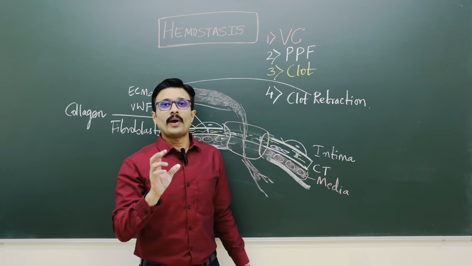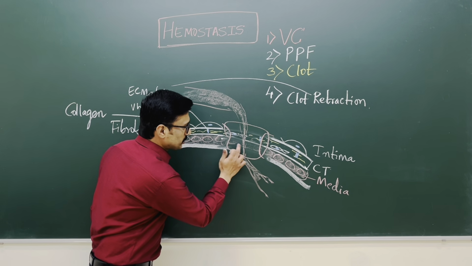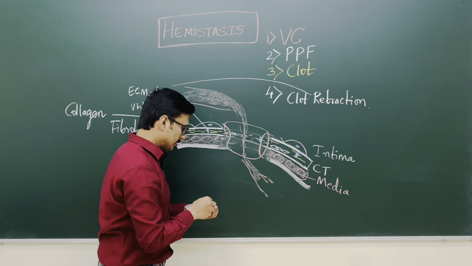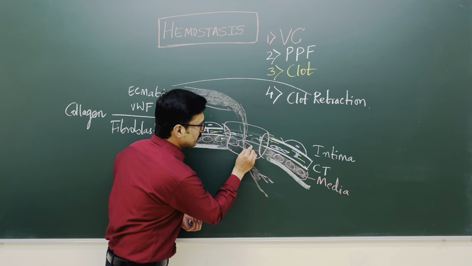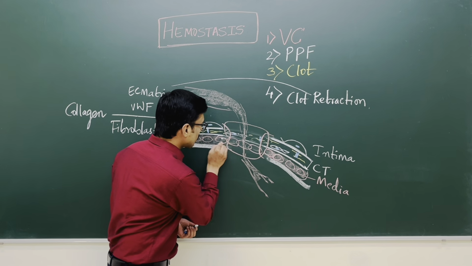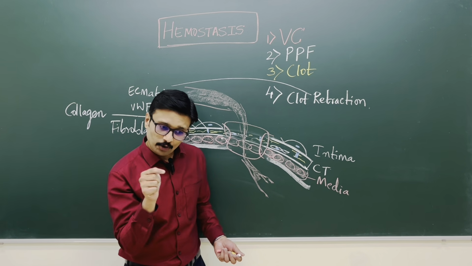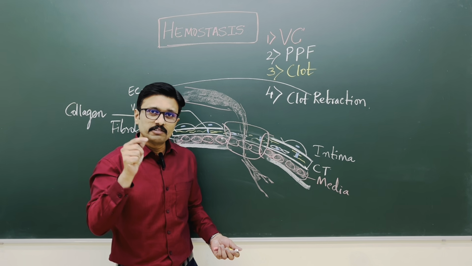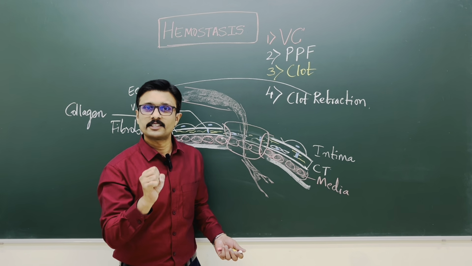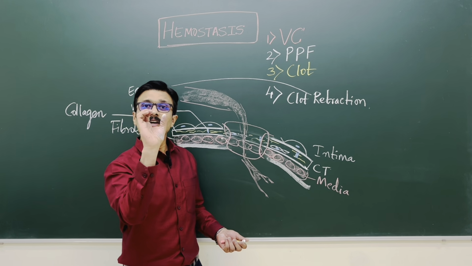The first step is vasoconstriction. What do you mean by vasoconstriction? The smooth muscles at the injured site, and the surrounding smooth muscles, are stimulated by the trauma itself. Because of the activation of these smooth muscles, they contract. When the smooth muscles in the wall of the blood vessel contract, the lumen decreases.